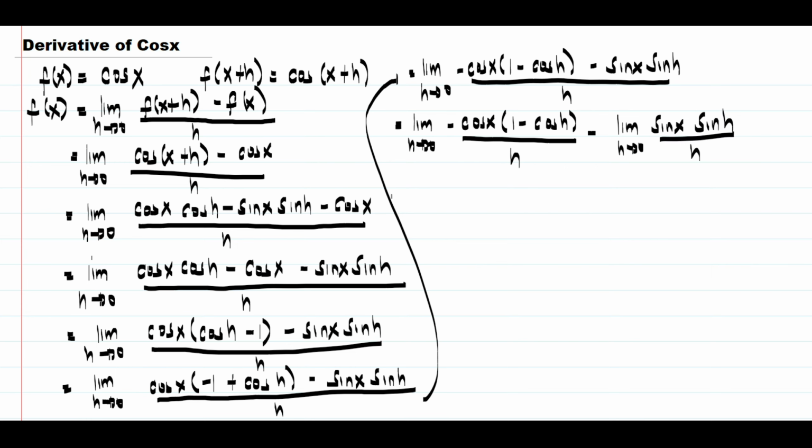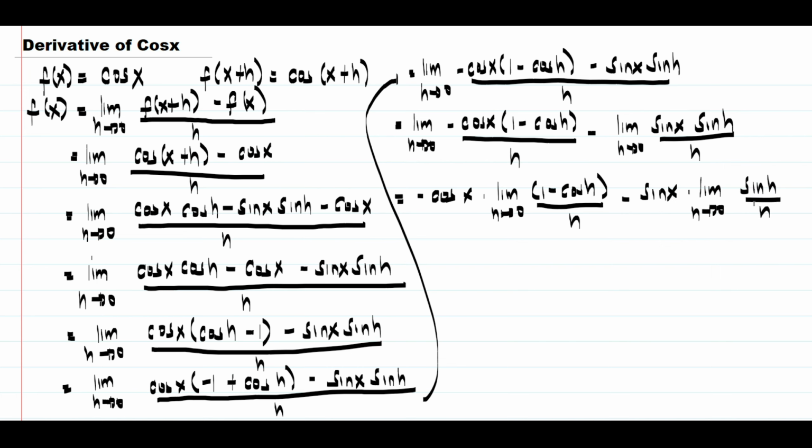So let us simplify this. Let us have negative cosine x times the limit as h approaches 0 of 1 minus cosine h all over h, minus sine x times the limit as h approaches 0 of sine h over h.